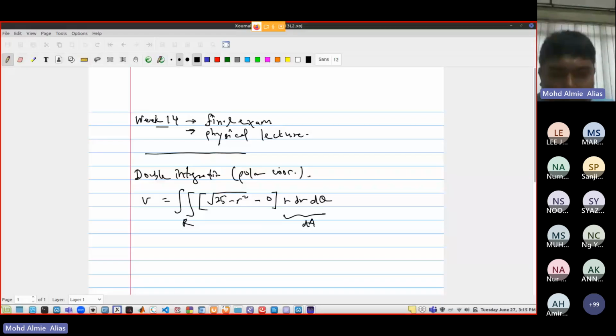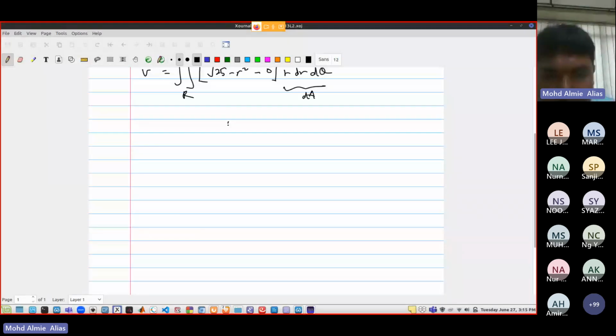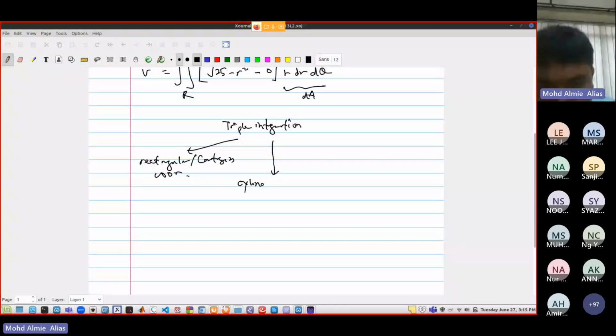So we have triple integration, or triple integral, sorry. We learned about rectangular or Cartesian coordinates, and yesterday and just now we discussed cylindrical coordinates.